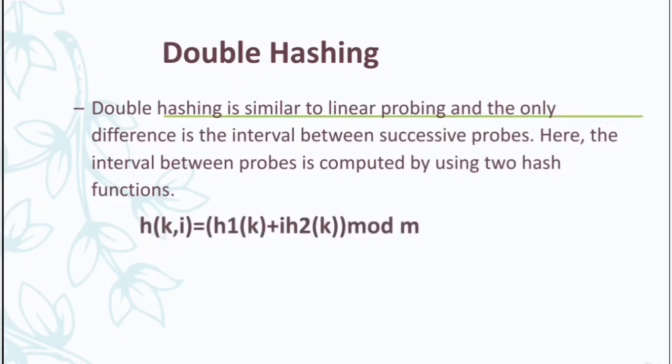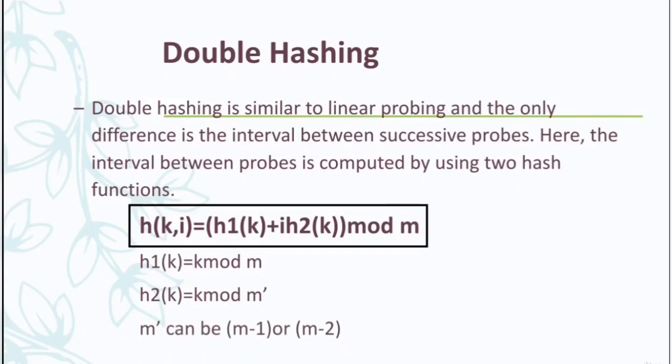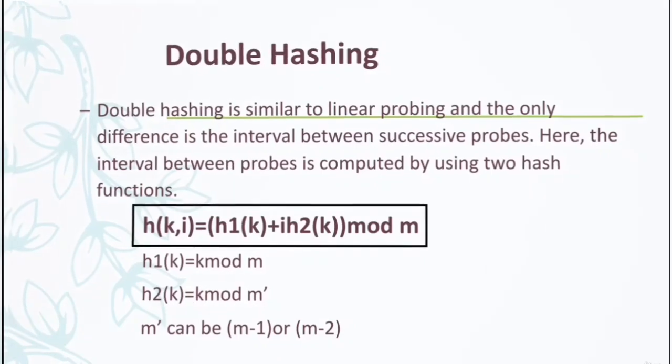So the hash function for double hashing is h of k comma i equals h1 of k plus i into h2 of k, mod m, where h1 of k is k mod m, h2 of k is k mod m dash, where m is the size of the array and m dash can be m minus 1 or m minus 2, and k is the key value. So this is what double hashing is.